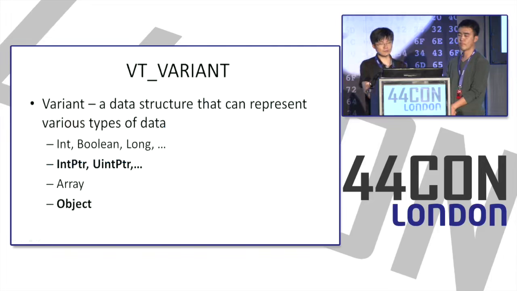If you do COM programming, you may be familiar with the variant data structure. It is widely used in Windows, especially in COM interfaces. The variant is a data structure that can represent various types of data, such as int, long, or int pointer, or array object, or other object types.